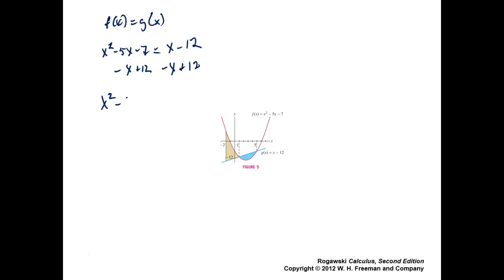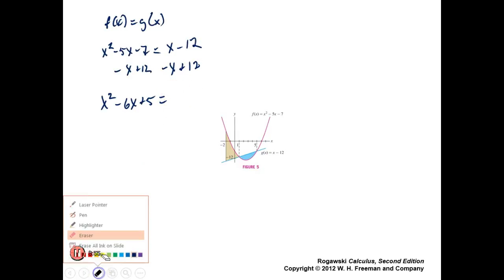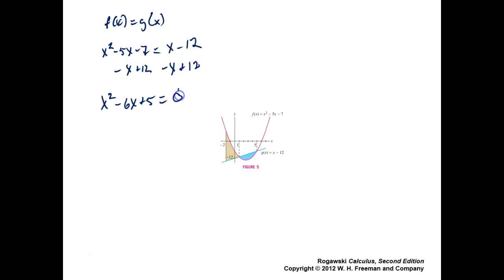X squared minus 6x plus 5 is equal to 0. Why do we want to do that? Equal to 0, okay, well, we hope maybe we can factor it.